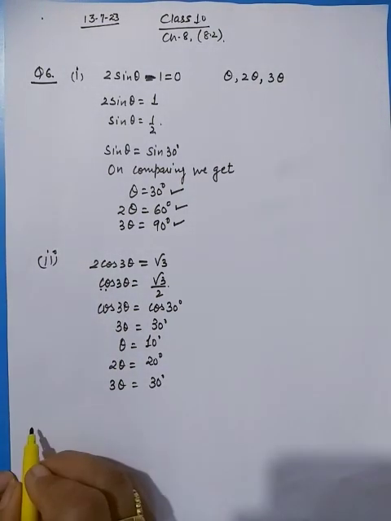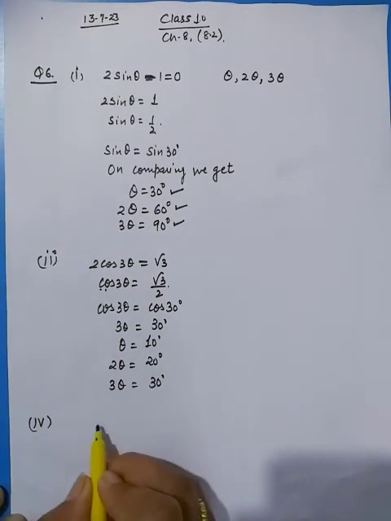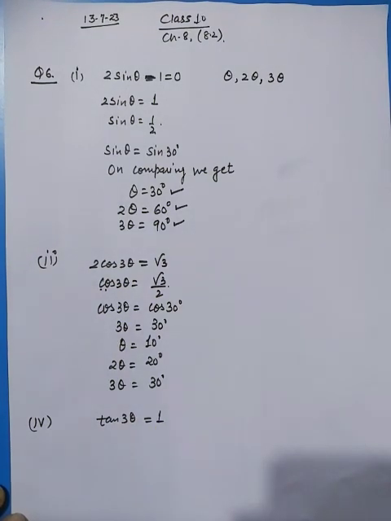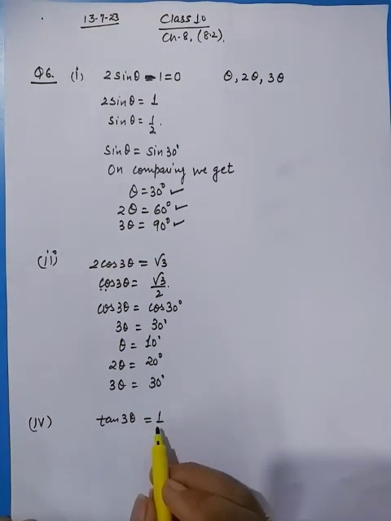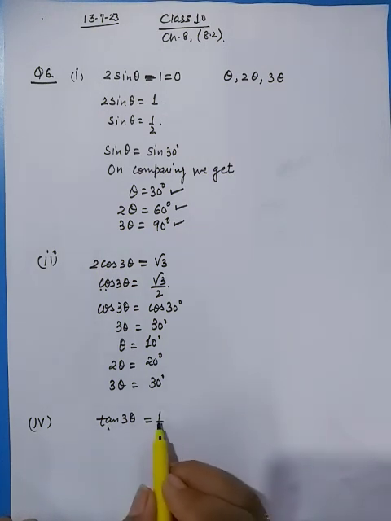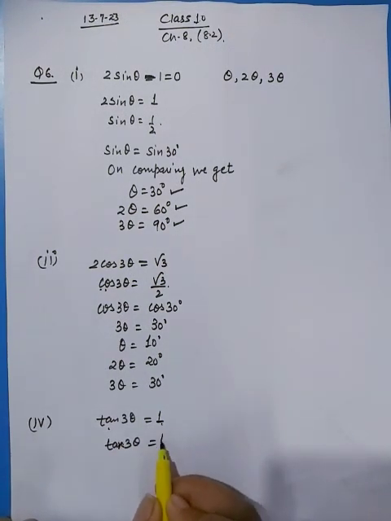Here I am taking part number 3. Part number 4: tangent 3 theta is equal to 1, and this side is tangent. So we have to check this value for tangent, and we know that tangent 45 is 1.